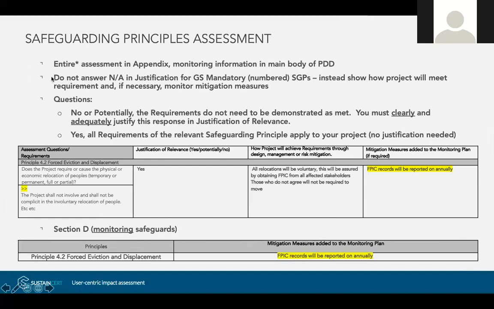Just to describe how the assessment should work. One thing that we would really like to stress is that the answer of not applicable in justification for Gold Standard mandatory safeguarding principles is not what is expected. I think in the past people have done that.